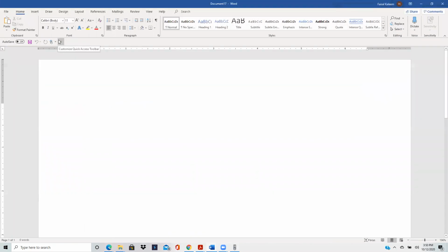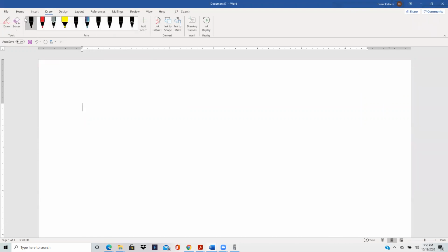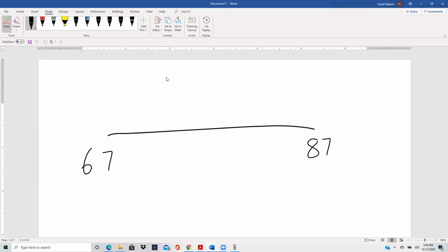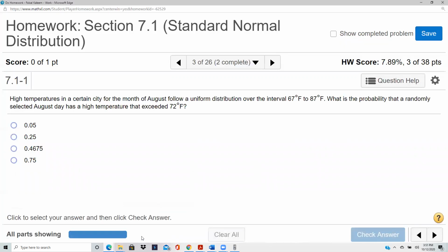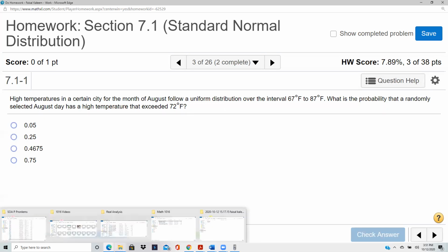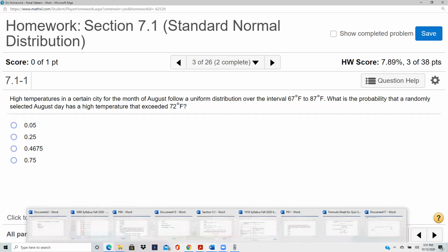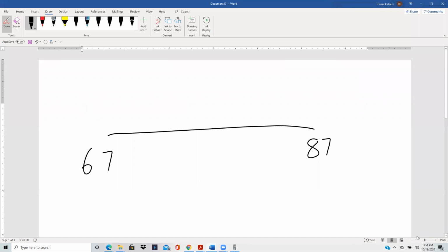And they were asking what's the probability that you exceed 72 Fahrenheit? So 72 would be somewhere here. Exceeding 72 means you're going this way.